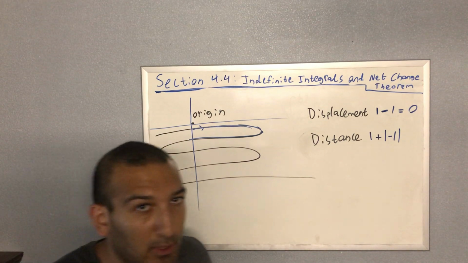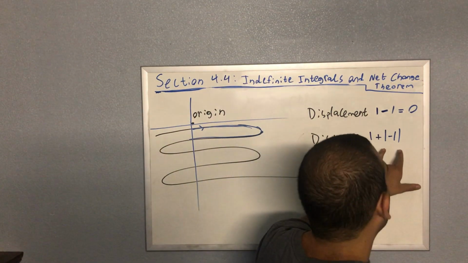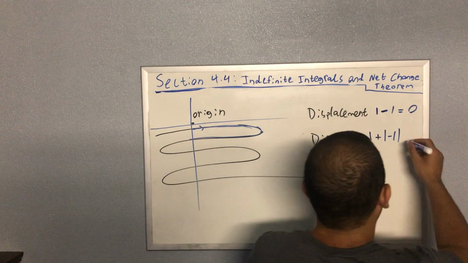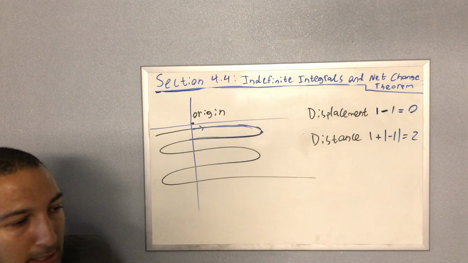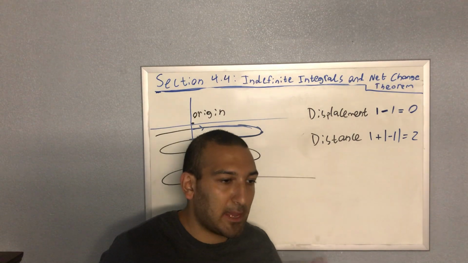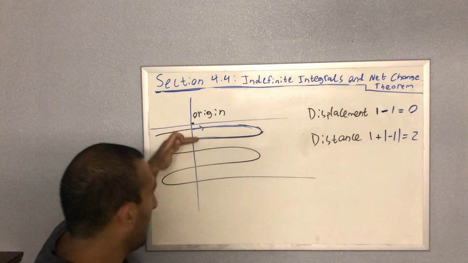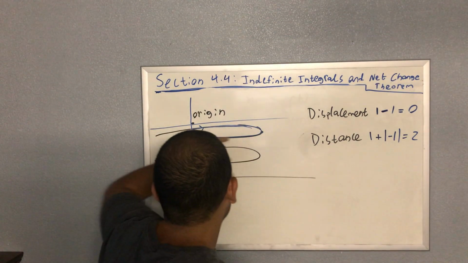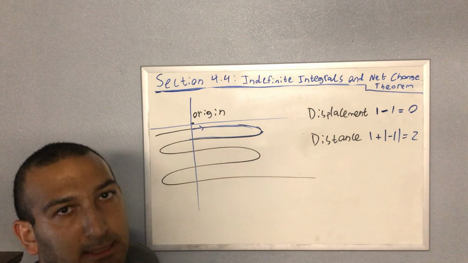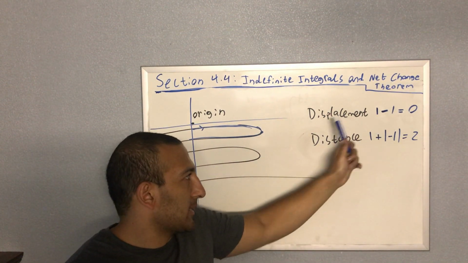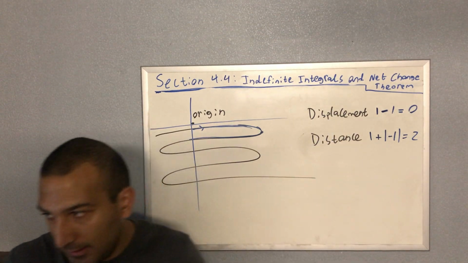I still traveled 1 step or 1 meter. So I take its absolute value instead, and I get 2. So with distance, you count both negative and positive positions, being to the right of the origin or going to the left. You count those as positive always, but displacement does not. So that's the difference between displacement and distance.